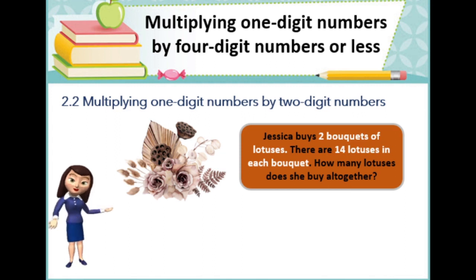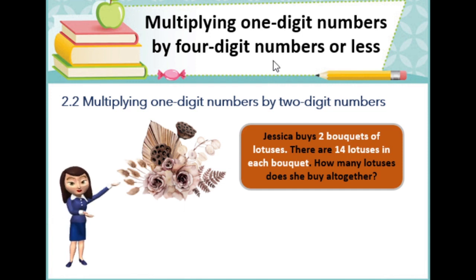So, I highlighted here 2 bouquets of lotuses. And in each bouquet, there are 14 lotuses. 14 is a two-digit number because it has 1 and 4. 2 digits, right?